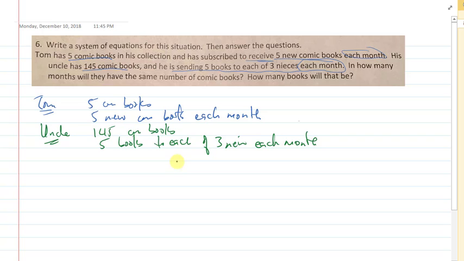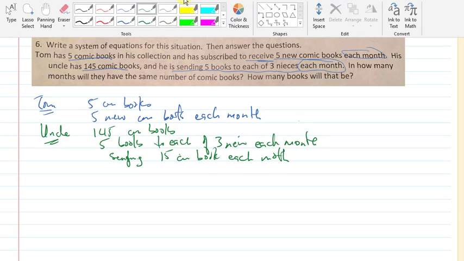So 3 nieces, and each niece gets 5 books. So that would be 5 times 3. So basically he is sending 15 comic books each month.